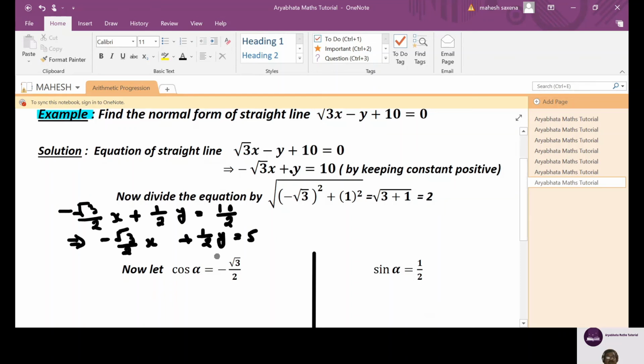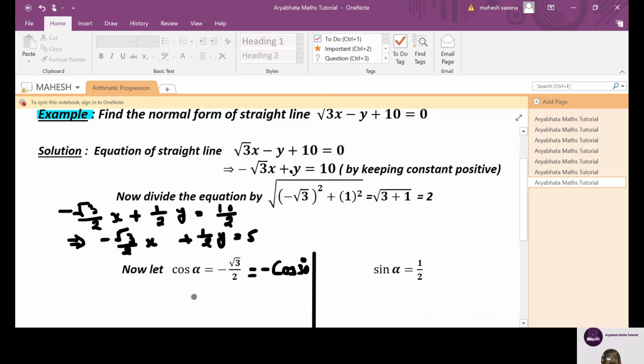Now assume minus root 3 by 2 as cos alpha and 1 upon 2 as sin alpha. Since cos alpha is minus root 3 upon 2, it will be equal to minus cos 30 degree.